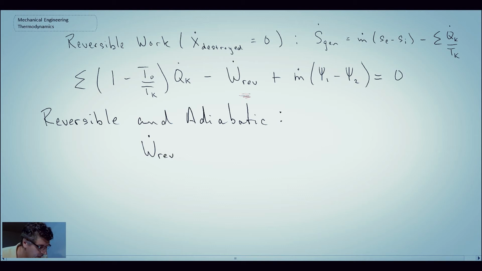So the first term is gone, and then all we're left with is the following. And similarly, for the entropy generation for this type of process, we would write m dot times Se minus Si, because the adiabatic assumption would remove the heat transfer term.